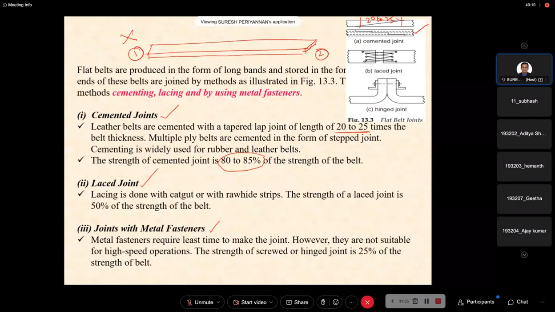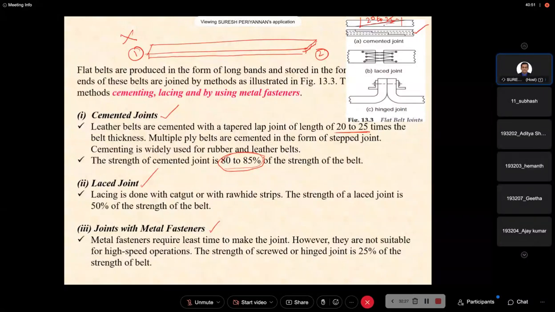We already discussed this in the last semester, the plate strength with a hole and without a hole. Similarly, when the belt is a plain belt, the strength will be high. When we connect, we are destroying this and connecting, so the original strength of the belt cannot be obtained. Hence, it is 80 to 85 percent of the belt strength.